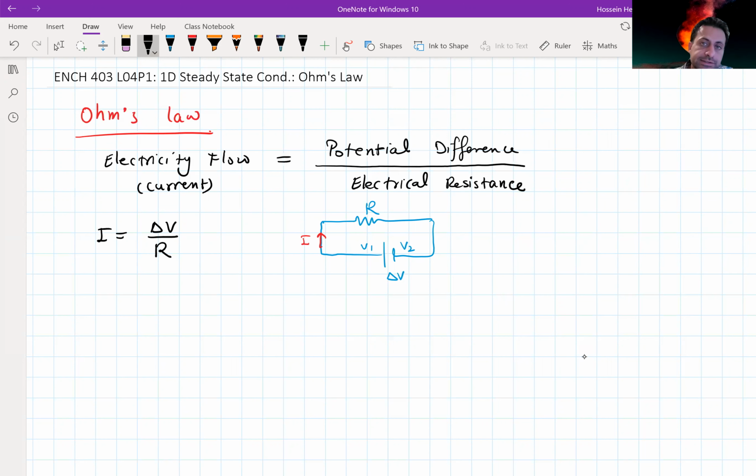That's for electricity. Similarly, if we have, let's say, laminar flow in a pipe, we have exactly similar situation. Let's say I have this pipe.